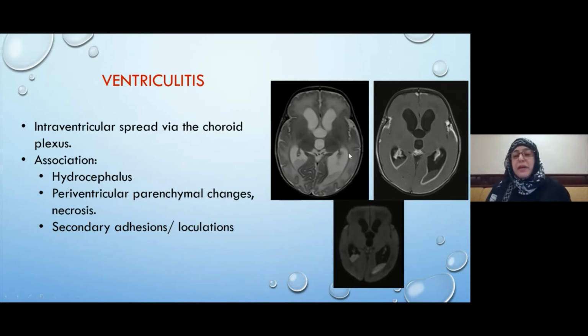However, the hallmark of ventriculitis is the smooth ependymal enhancement, and it's very important to look for these signs because ventriculitis can lead to adhesions and loculations and multilocular hydrocephalus.